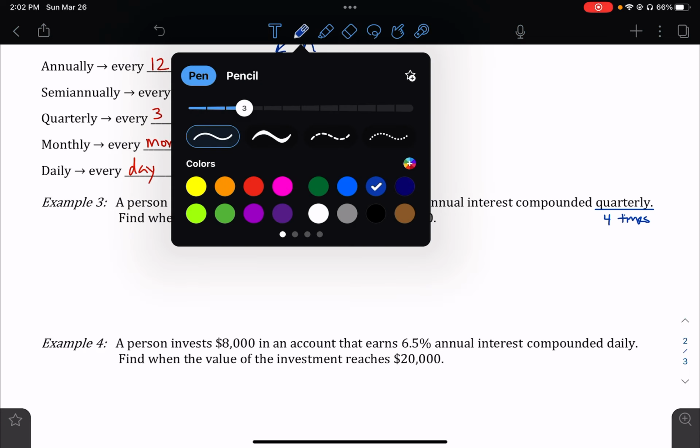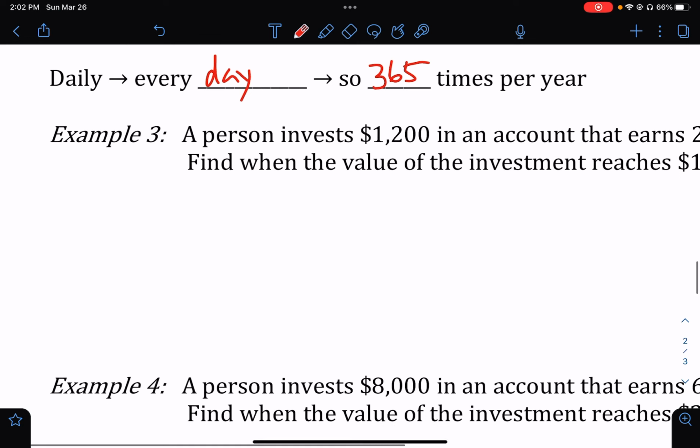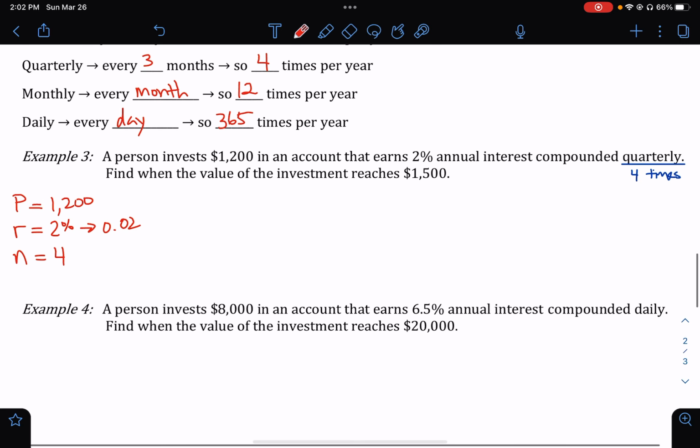So from my problem, it's telling me my principal amount, my initial amount, is 1,200. It tells me that my rate was 2%, which is 0.02. And my n, the number of times it's compounding yearly, is 4, because it's compounding 4 times a year because it tells me quarterly.